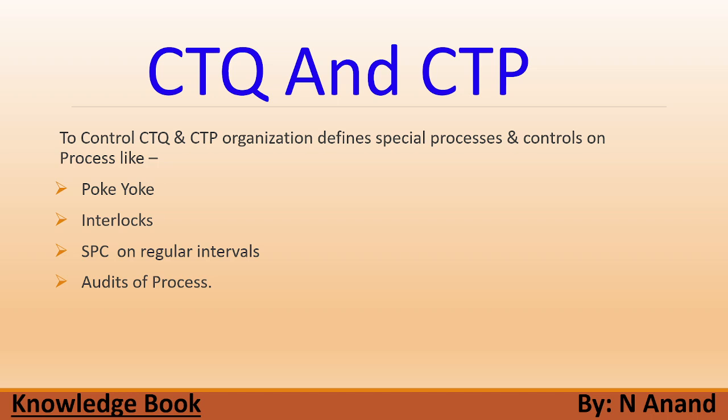Now, to control critical to process and critical to quality, what does the organization do? The organization strengthens its processes, and special processes and special controls are imposed on the processes. Likewise, poka-yoke means foolproofing. Foolproofing can be mechanical or sensor type.